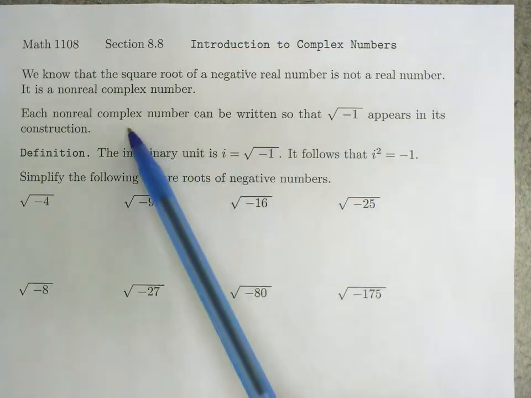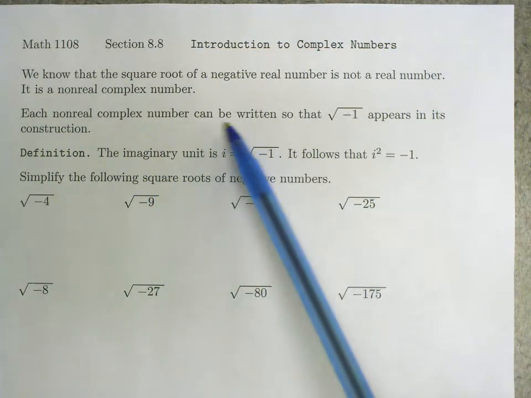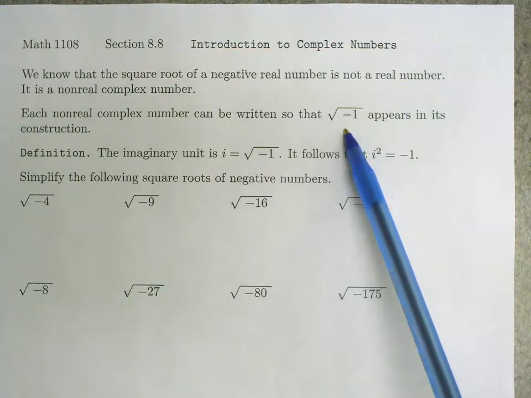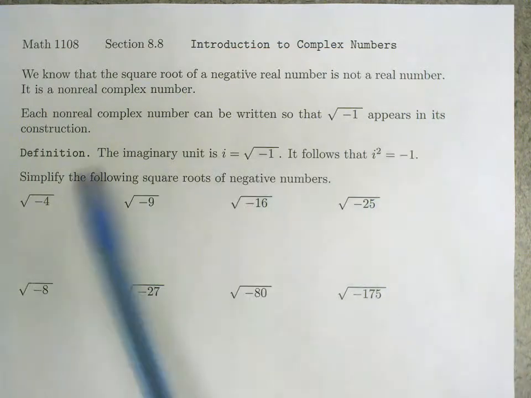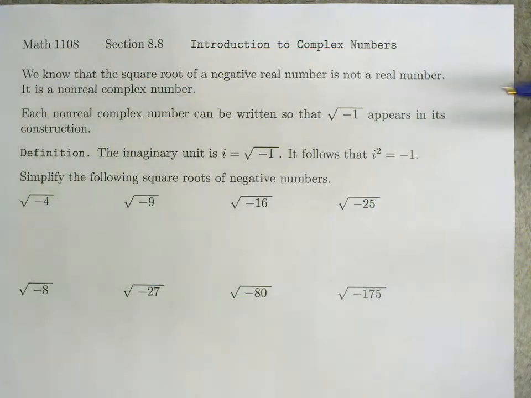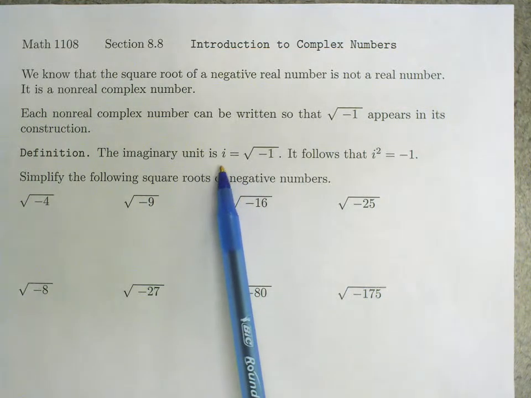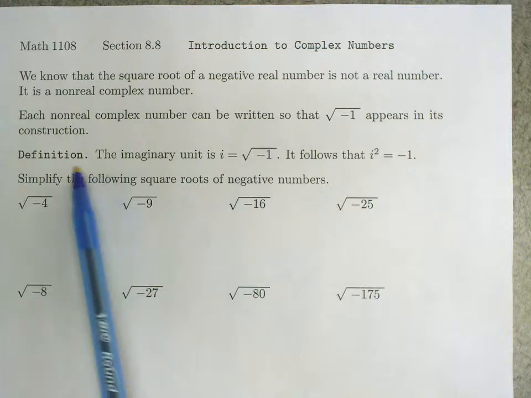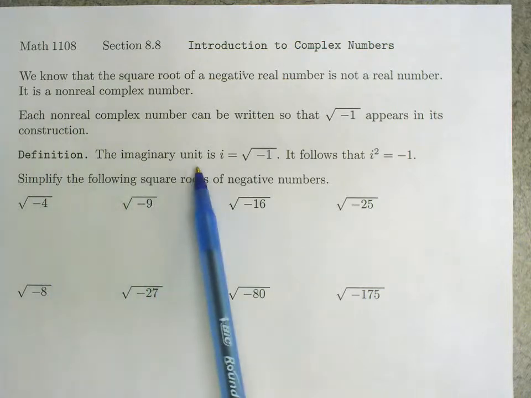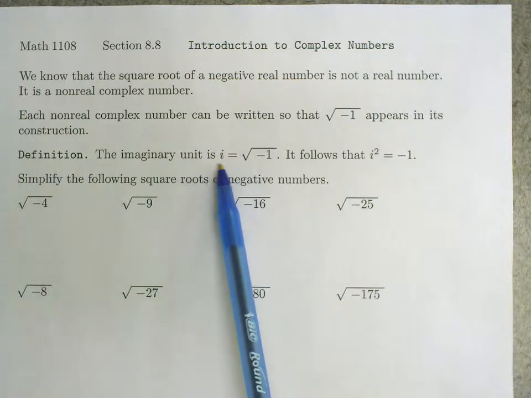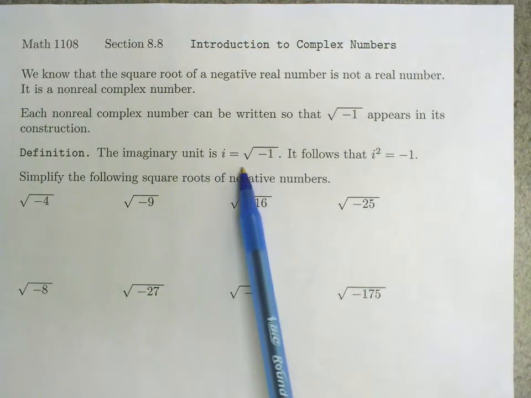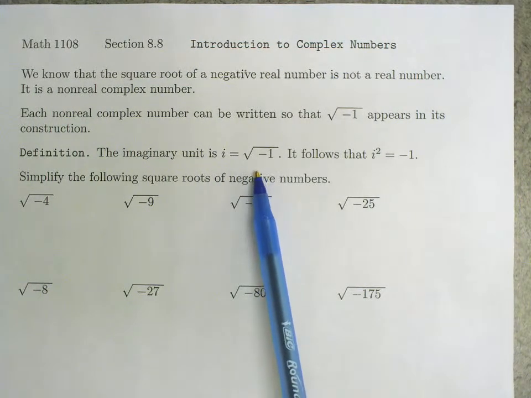Each non-real complex number can be written so that the square root of -1 appears in its construction. So rather than always writing down the square root of -1 when it's needed, we're just going to write i in its place. This is the definition: the imaginary unit is lowercase i, and it represents the square root of -1.